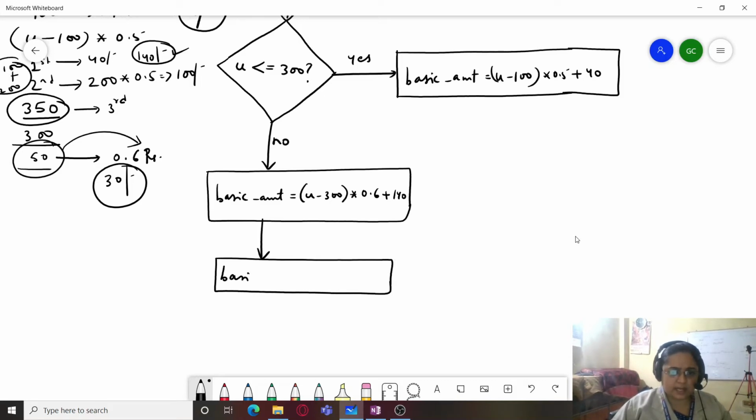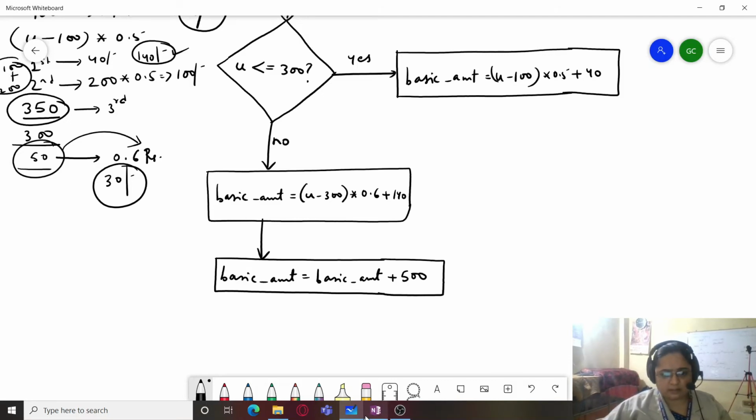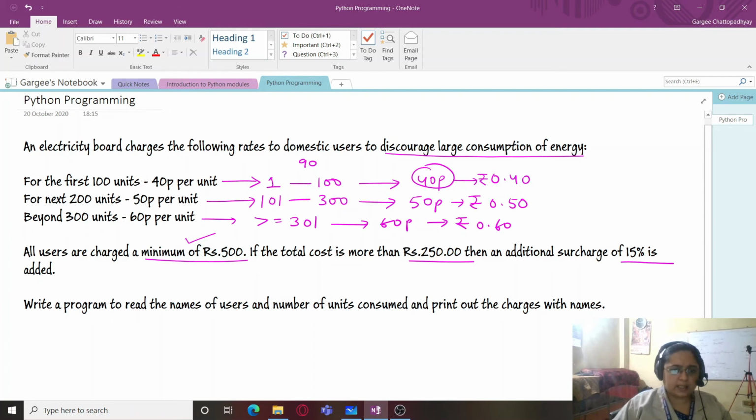So I will write basic amount equals basic amount plus 500. So I will be adding a minimum 500, that is, you have to pay minimum 500 rupees. All users are charged a minimum of rupees 500. This is a fixed charge which you have to pay.